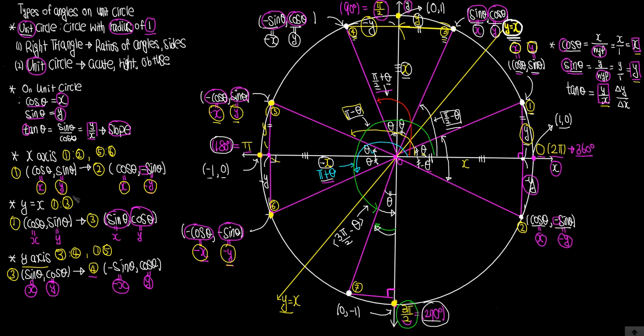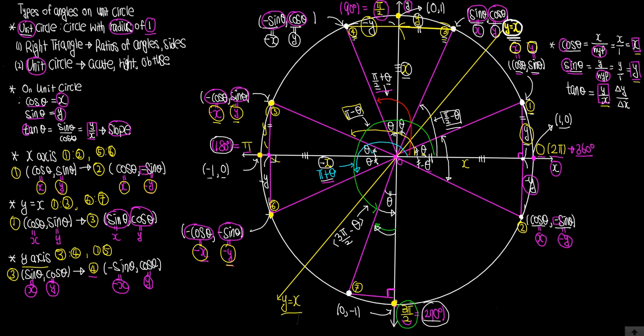And again, we have one more example. The 6th and the 7th angle rotations and the coordinates are symmetrical about y equals x. That has a special property where the x and the y value will get switched.